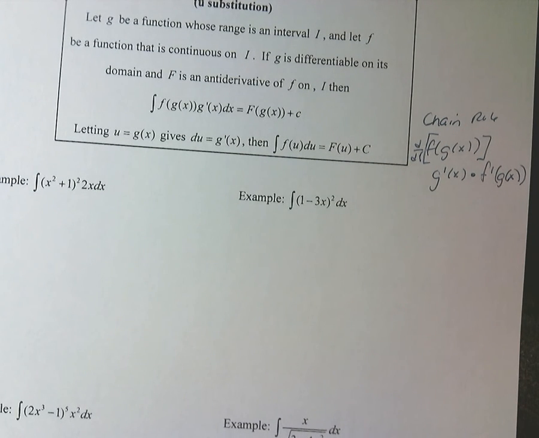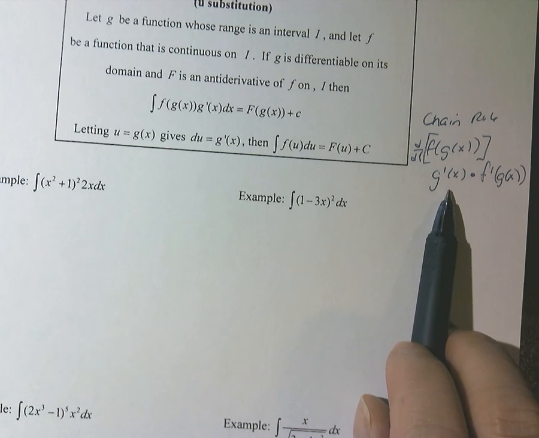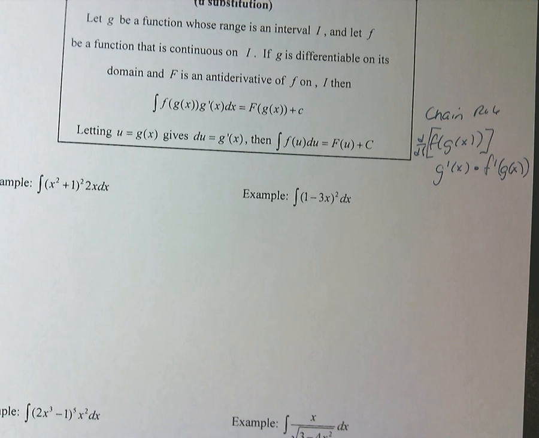And so now what we're doing is we're working backwards. So we have to recognize the derivative of an inside function. Once you get to recognize what you need to differentiate, which is the function and which is the inside of the function, then it makes it a little bit easier to do these.